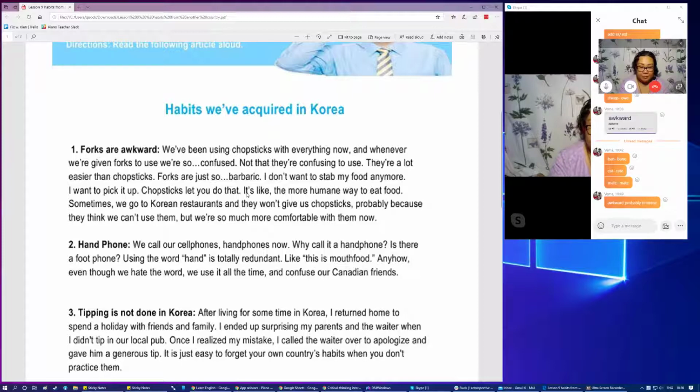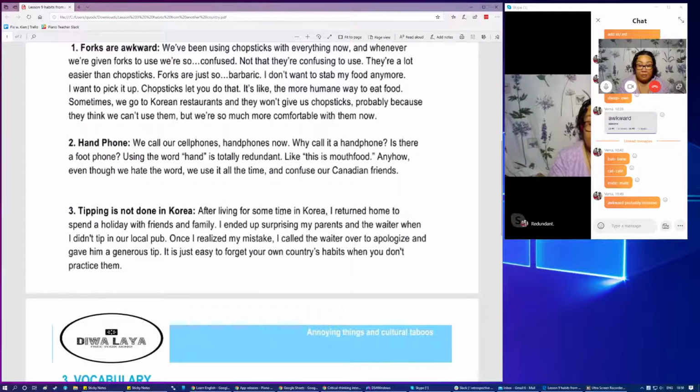Why call it a handphone? Is there a foot phone, using the word hand? It's totally redundant. So when you say it's redundant, it means the same, but you still say it.